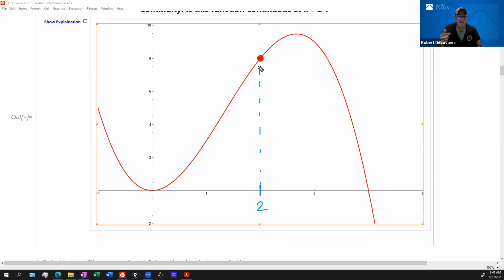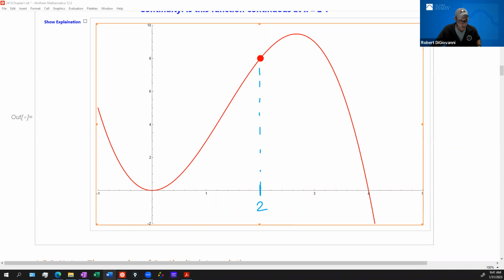Yes. Is it continuous at 2? Yes. So continuity at 2 forces left and right continuity to be true as well. That's why I'm saying continuity is a very strong condition because it requires both left and right continuity to be valid.